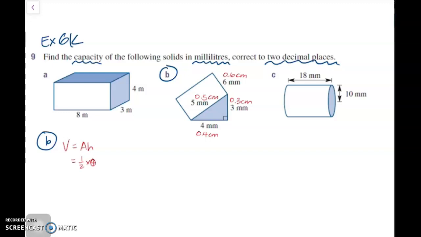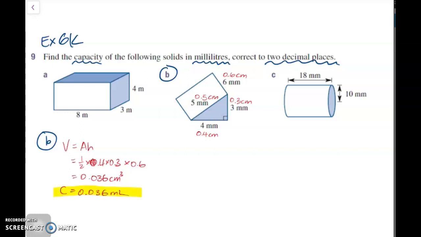So 0.4 times 0.3 times the height of the prism, which is 0.6. And that'll give us 0.036 cubic centimeters. And we know that's the same number of milliliters. So that's our answer to part B.